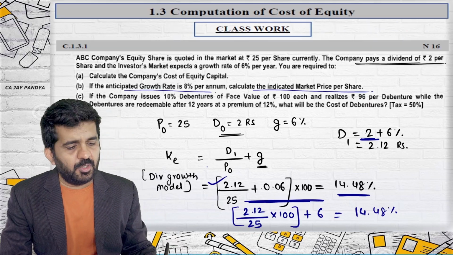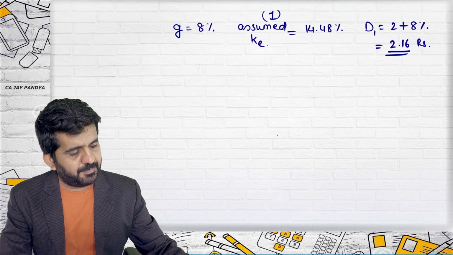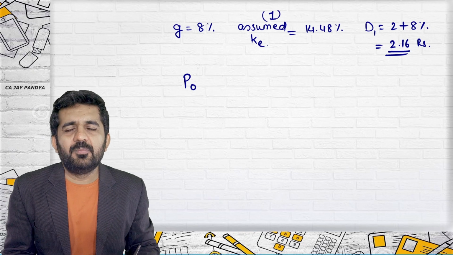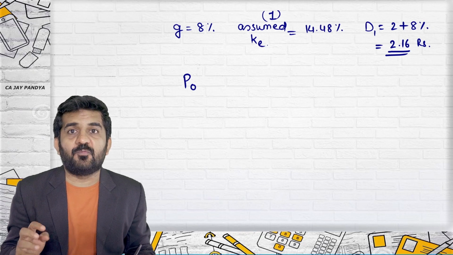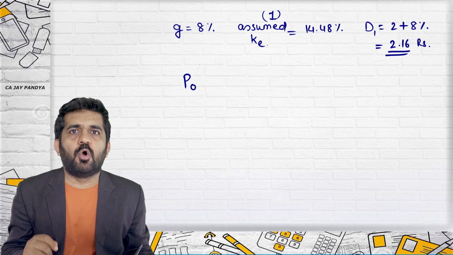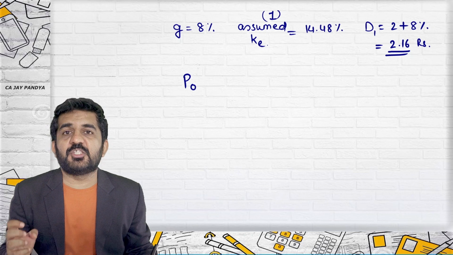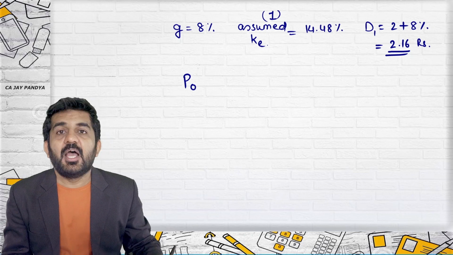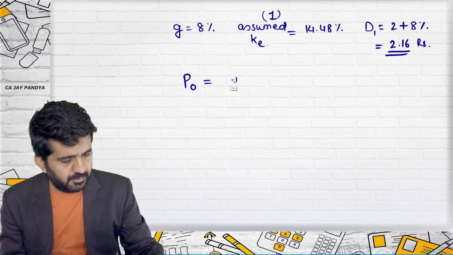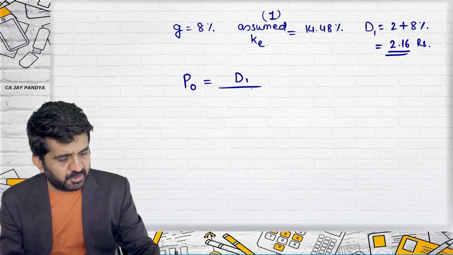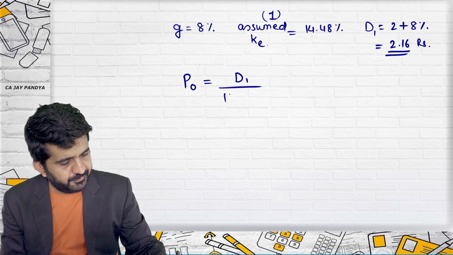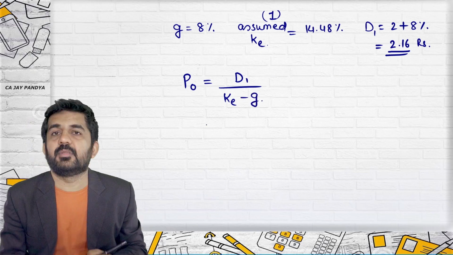Then calculate the indicative market price of the share. Find out P0. Now you can use the time value. How to find out the value of a share or security in finance? It is the present value of future cash flows. If it is the present value of future cash flows, I can use the infinite cash flow with growth formula.